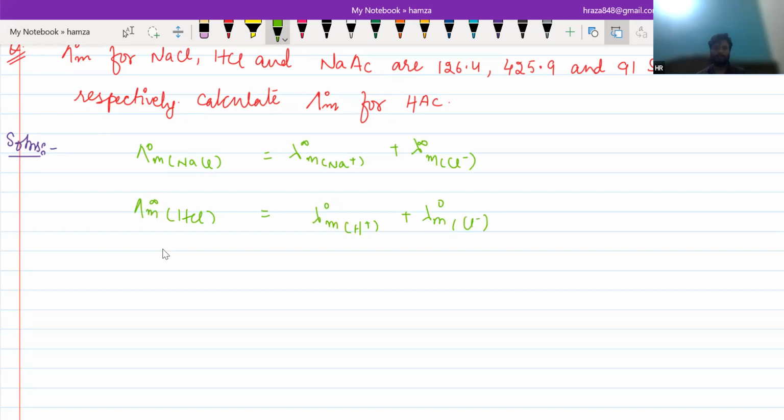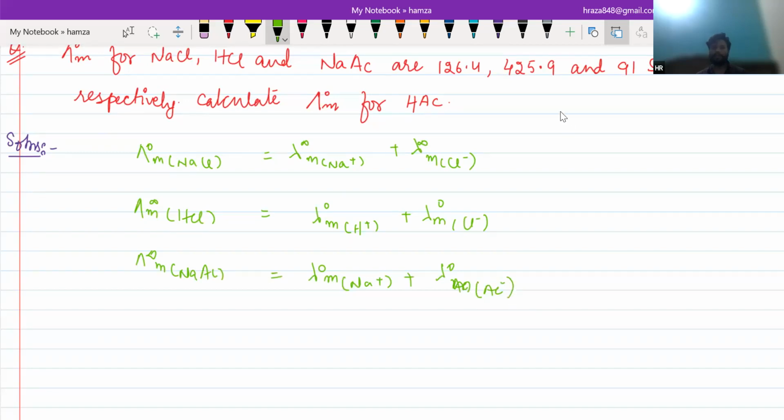And again NaAc will be equal to lambda naught m for Na plus plus lambda naught m for Ac minus.